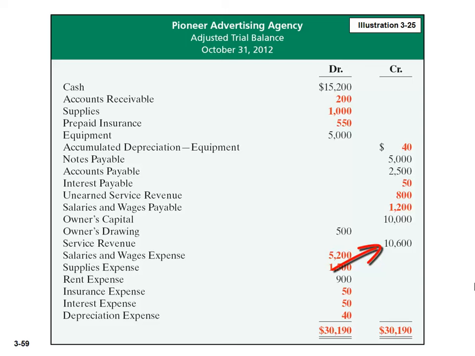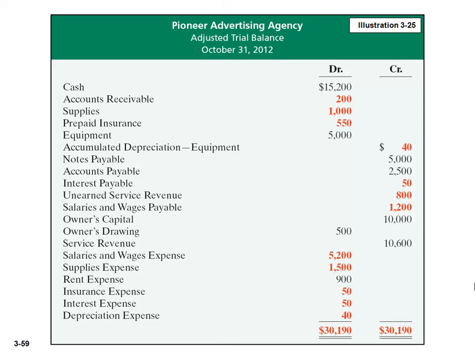Therefore, that accounts for our change in service revenue, which will appear as an item on our income statement, from $10,000 to $10,600. An increase of $200 from a credit sale not recorded previously, and a $400 transfer from unearned service revenue that we had received earlier but had not earned.